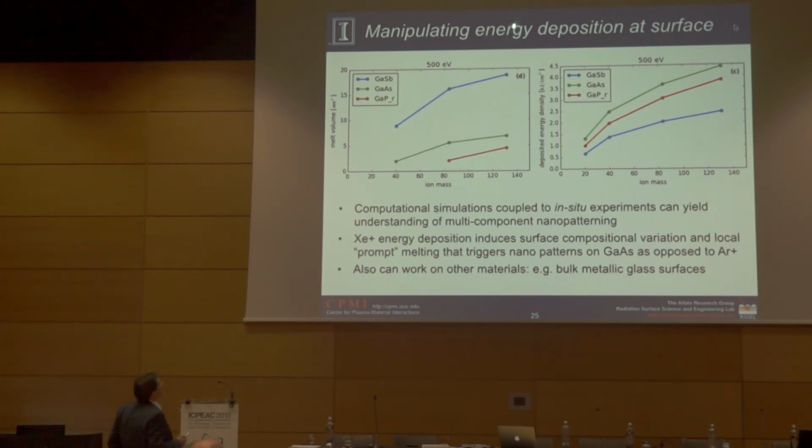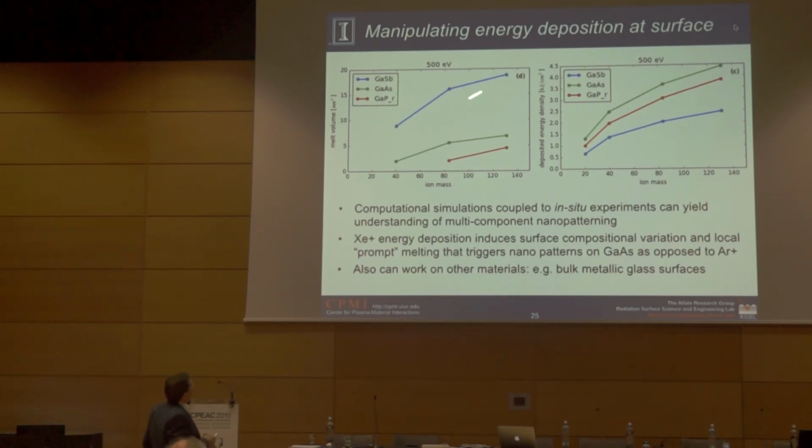Well, it has to do with the energy deposition at the surface. And so this is the case for xenon incident on the surface of these compound semiconductors. We found that it was the melt volume generated by the local energy deposition at the surface that tended to dominate the patterning, for example in this case, gallium antimonide when compared to gallium arsenide.